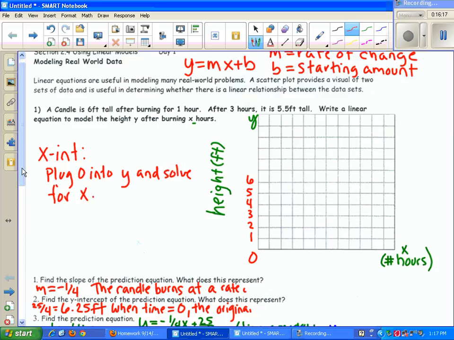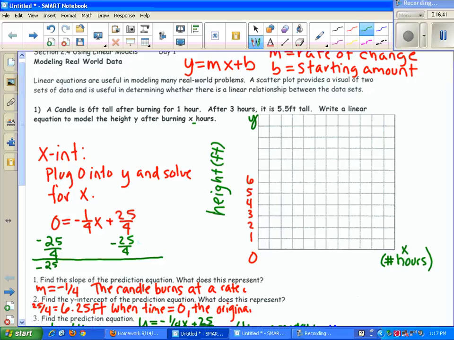So we have 0 equals negative 1/4 x plus 25 over 4. Then I'm going to subtract the 25 over 4 to the other side. And when I do that, I get negative 25 over 4 equals negative 1/4 x.